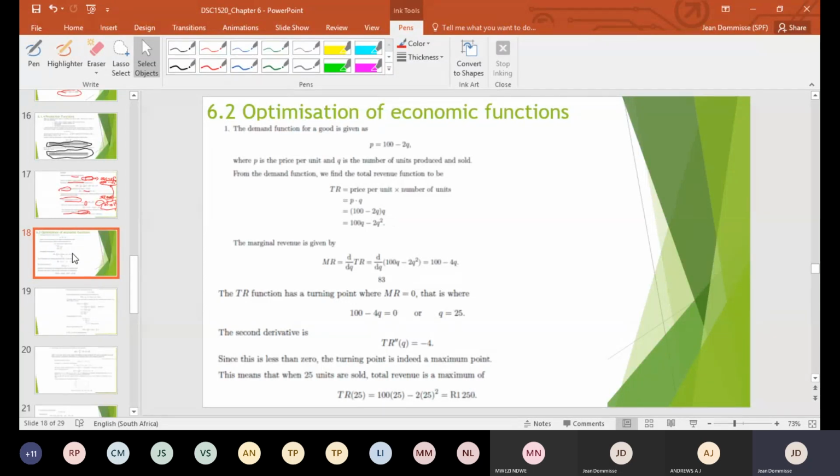Because now, the next few slides show just a few examples where we will go through nearly the same process, but it's important that it's nearly just revision of some of the work. Here they ask it a bit differently.